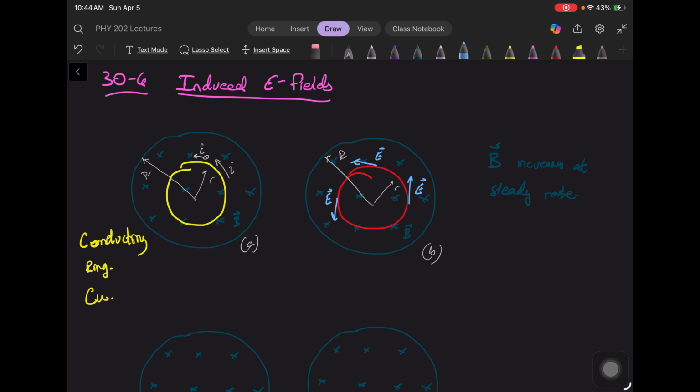So we still have a circular path here. We're still changing the flux through that circle, and so we still expect to get some kind of an EMF.